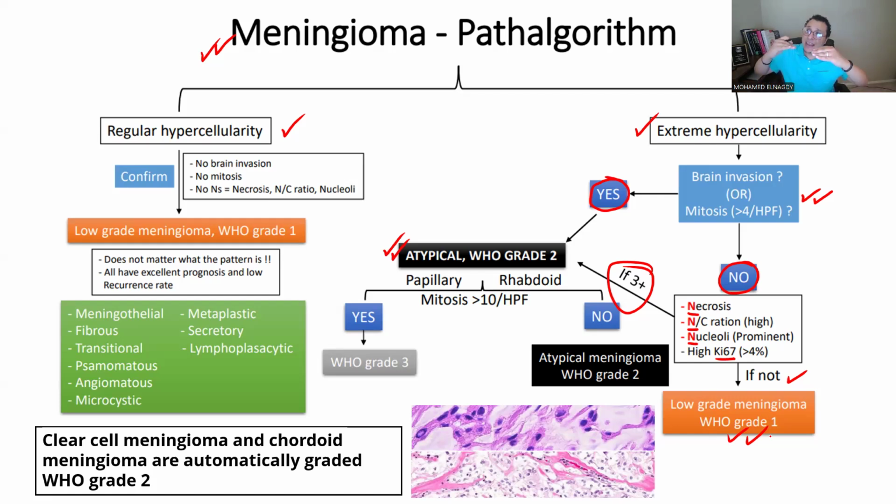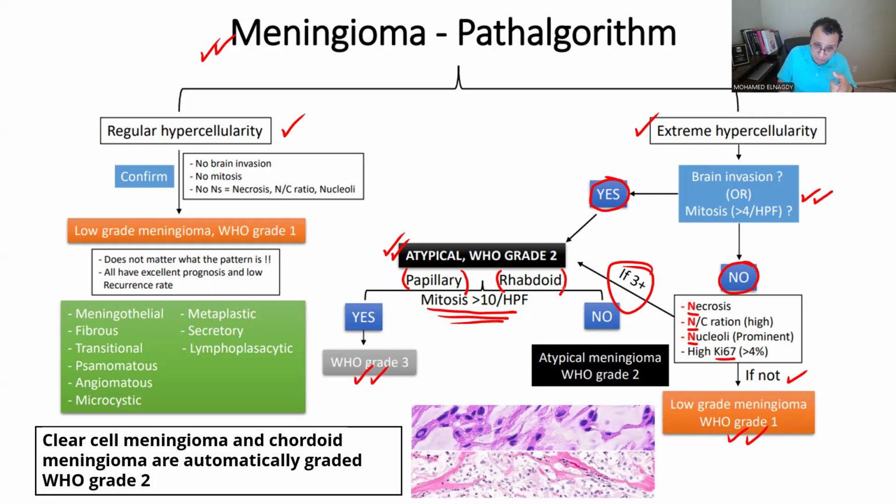If I'm standing on the stair of WHO grade 2, I also have to look at whether it qualifies as WHO grade 3, which is an even more aggressive type of meningioma. This needs one of two things. It needs more than 10 mitoses per high power field, so you see a lot of mitoses in a single high power field. Or you see one of these patterns, which are papillary pattern or rhabdoid pattern.